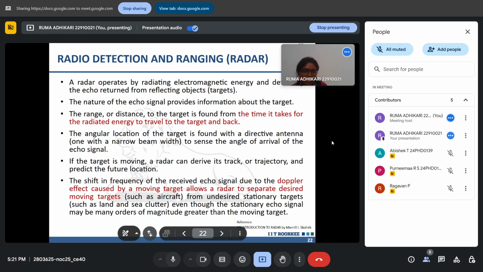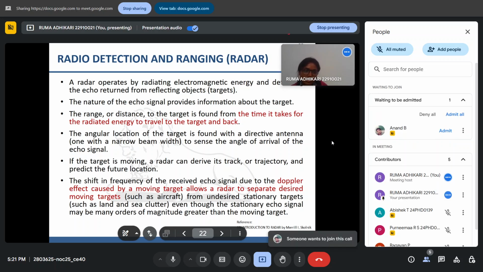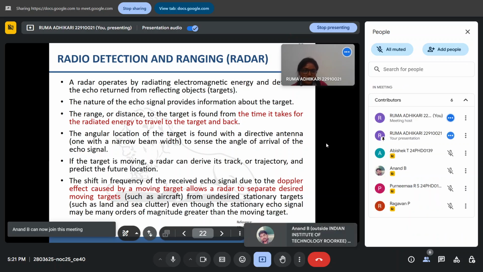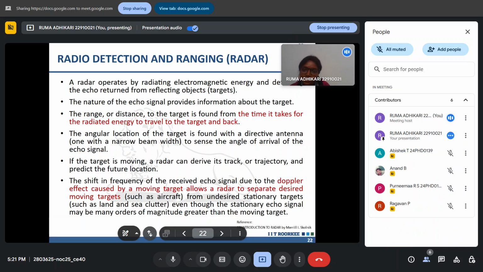The distance it covers is the same distance. We'll see this in detail. One thing to understand also is that this microwave energy or signal travels at the speed of light. So we will use the speed of light, that is 3 x 10^8 meters per second, as the speed of the signal.